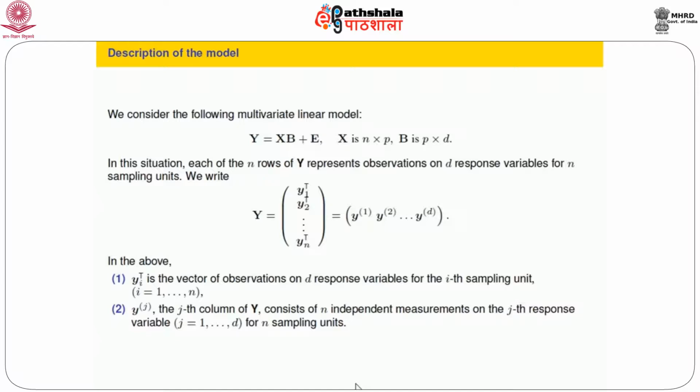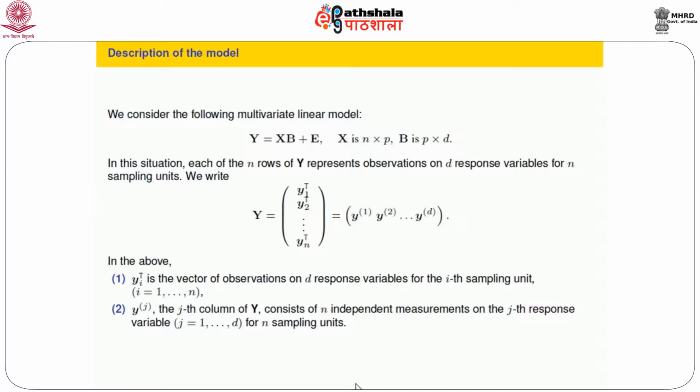So if we look at the columns now, and if we restrict attention only to the first column, we shall get n independent measurements on the first response variable for n sampling units. So for a fixed column, if we go along the rows, then we shall get n IID measurements on the corresponding response variable.